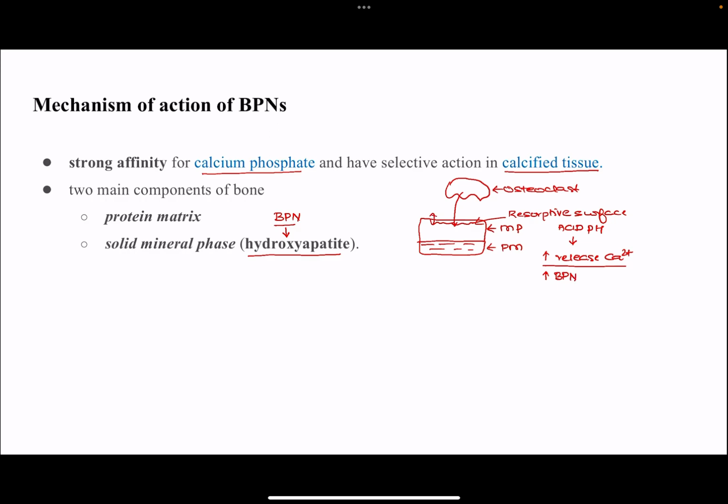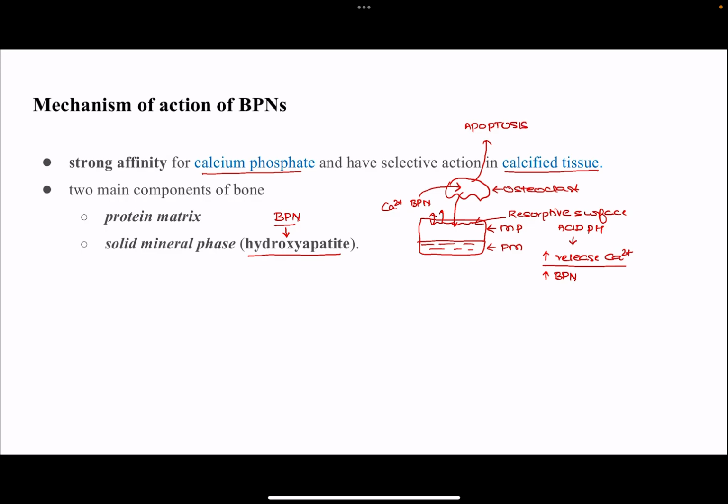So there will be release of two things: one is calcium as well as the bisphosphonates. And these bisphosphonates will enter into the osteoclast, and this will lead to what is called apoptosis.